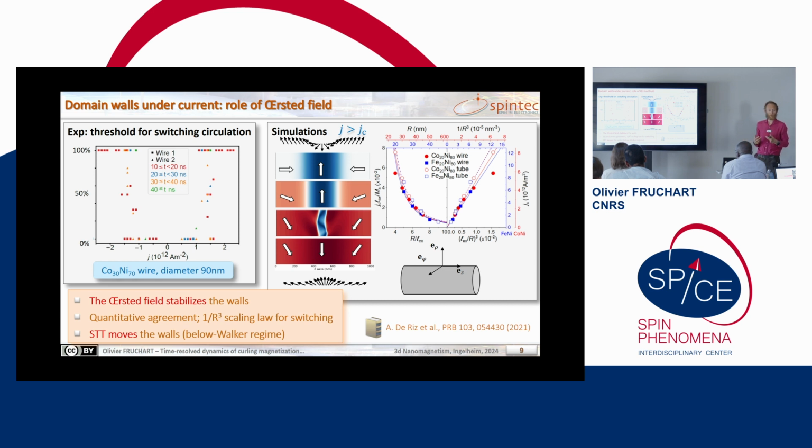And the impact of the Ørsted field varies like r, because you have more current inside. And so the efficiency should vary like 1 over r cube. And if you plot the simulation, the critical current versus 1 over r cube, you indeed see something which is linear. And there is quite good agreement between the values in the simulation and the experiment.